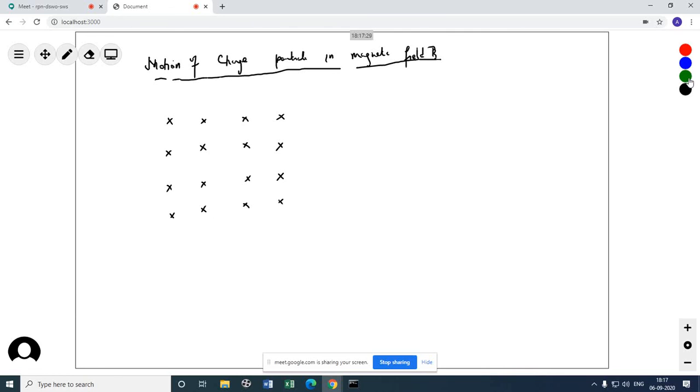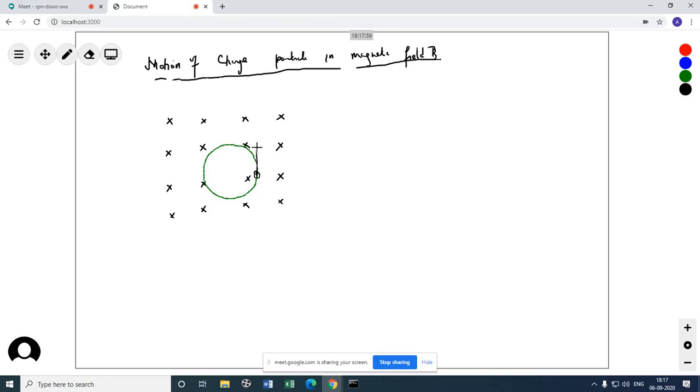This is any charged particle which is already present inside it, and this is its velocity. So if I draw a circle inside, we see that there is a charged particle here which is spinning in a circle.